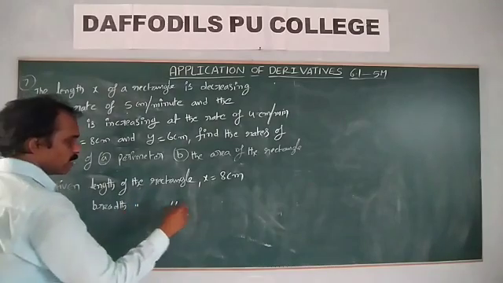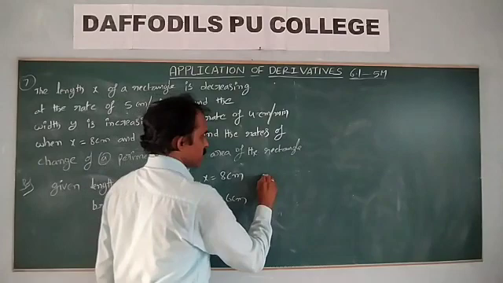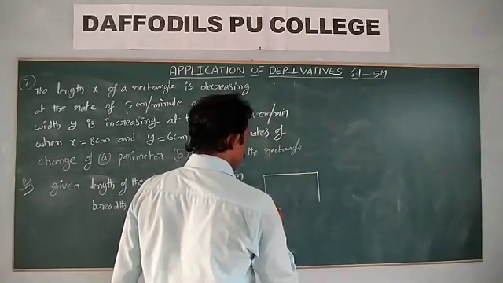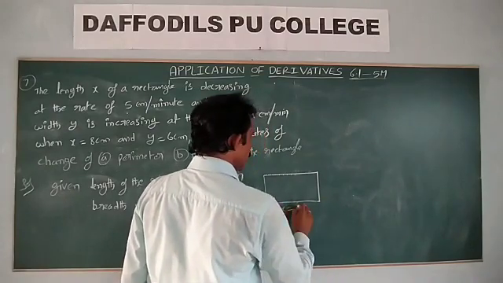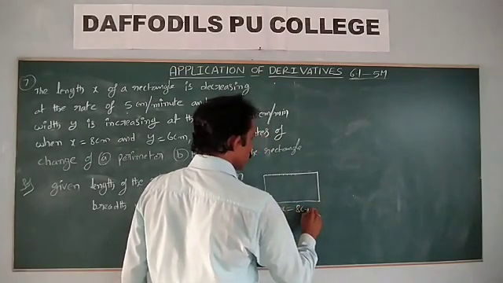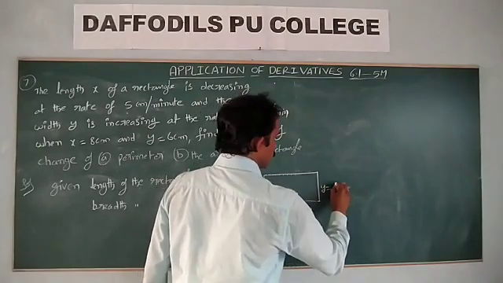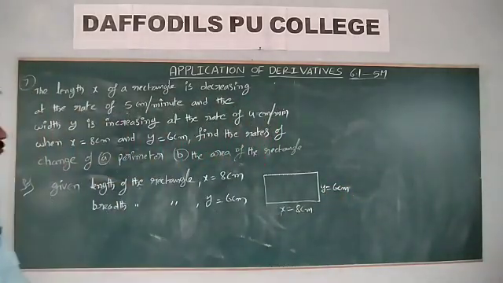Breadth of the rectangle, y is equal to 6 centimeter. Length of the rectangle x is equal to 8 centimeter. Width y is equal to 6 centimeter. Right.